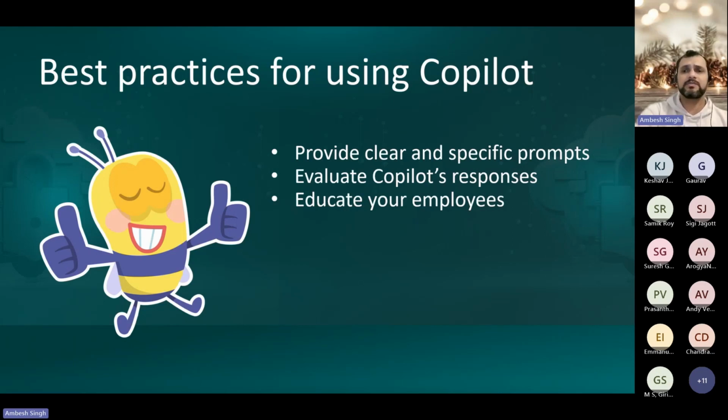Also, educate your employees. We need to educate our employees about best practices for data protection, password management, and device security. Enable multi-factor authentication and implement data encryption on your devices to safeguard your organization's sensitive information. Stay updated, as Microsoft regularly releases updates and new features for Copilot.